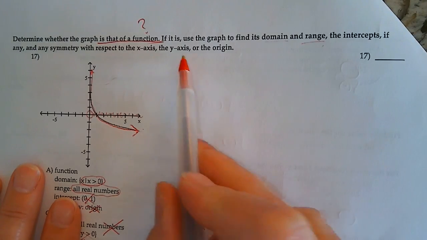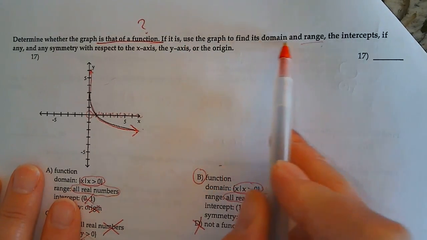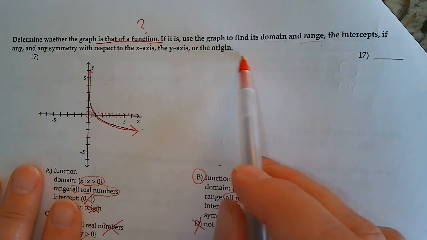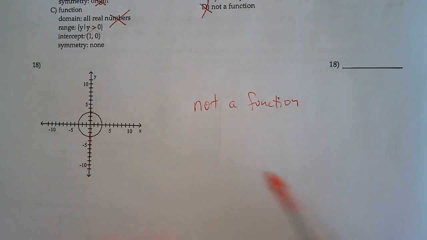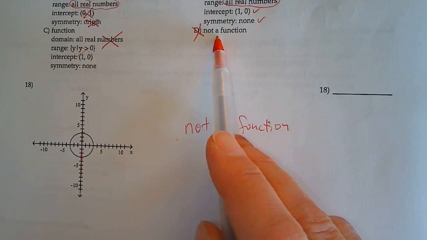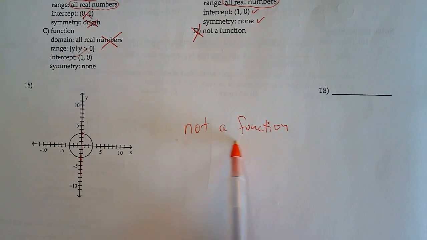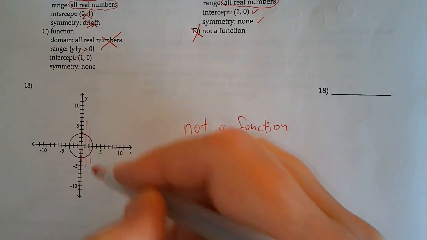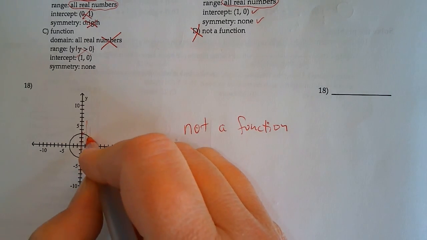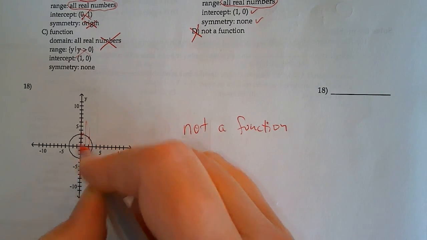And the instructions said, if it is a function, find the domain, range, intercept, and do more work. But it is not. So this is the entire answer, right? That was a choice up here. This is our answer right here. Not a function, it fails the vertical line test in lots and lots of places. It's passing 2 outputs for the same input.